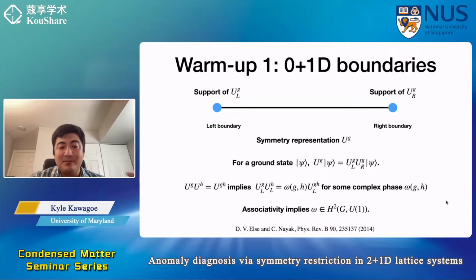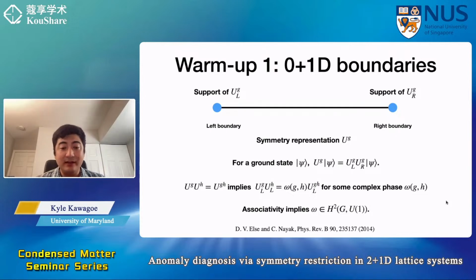I haven't said what a cocycle is, but it's a function which takes in, in this case, two group elements, spits out a phase, and obeys some constraint called the cocycle condition. The fact that operator multiplication is associative implies that this is in fact a two-cocycle. That's just a technical detail that you don't need to understand this talk. But the point is, by just looking at this projective representation on the boundary, you can characterize the anomaly.